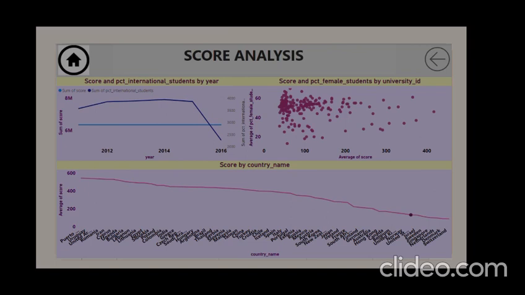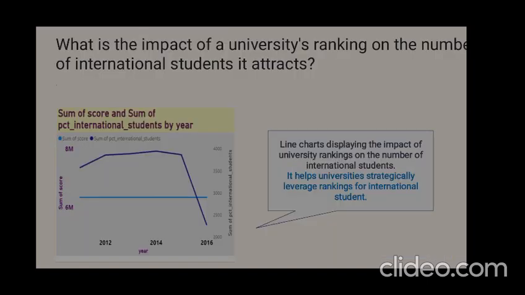In question number 1, here I use two line charts in one question. One is blue and another is sky blue. Okay. The question is: what is the impact of university ranking on the number of international students it attracts?